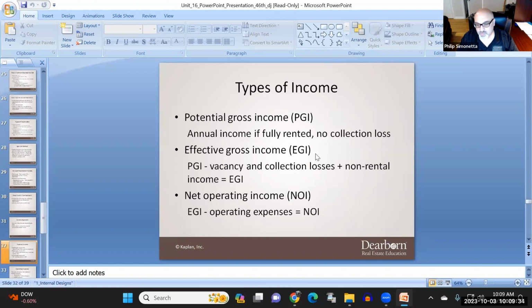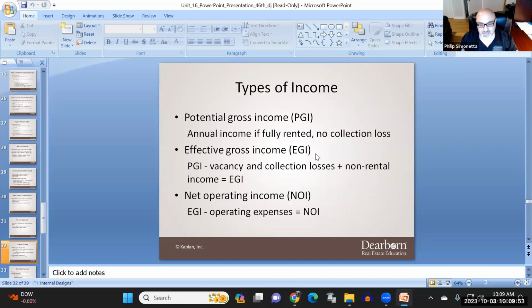You would subtract those losses, but then you also add in non-rental income. So you know how complexes have washing machines and dryers and you pay for them, and they have vending machines and things like that. That would be income that's non-rental.